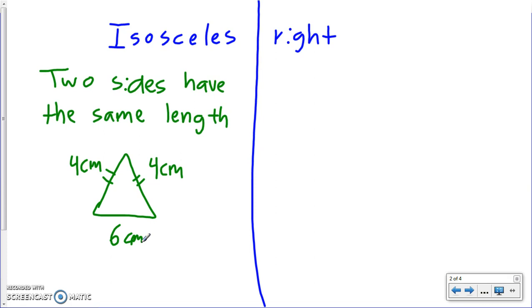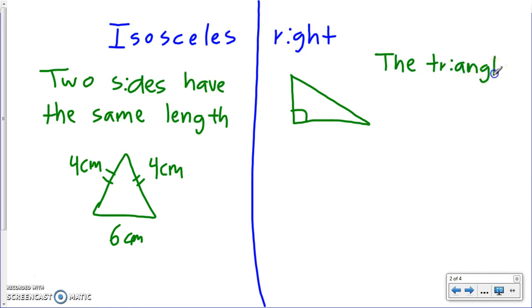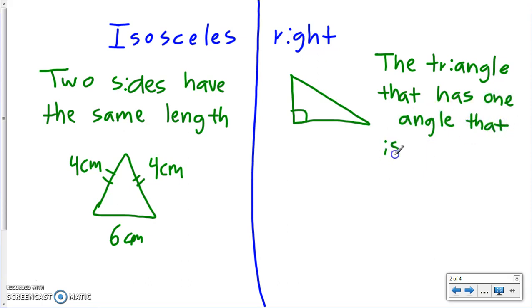Now, when we talk about angle measures, we're going to talk about a right triangle. So a right triangle is a triangle that has one angle that is a right angle.